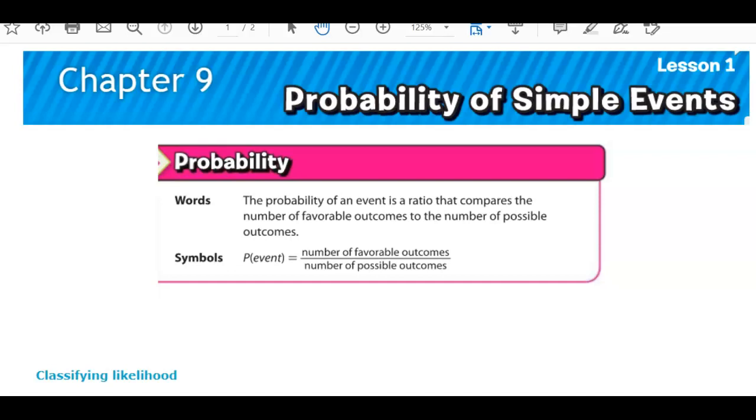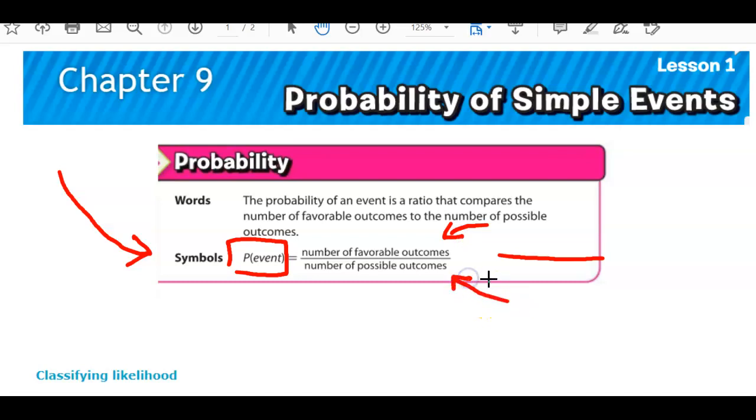Today we're going to take a look at Chapter 9, Lesson 1, Probability of Simple Events. What I would like you guys to do is focus on this little section right here. This just says that the probability of an event happening is going to be a fraction. The numerator is going to be the number of favorable outcomes and the denominator is going to be the possible outcomes.